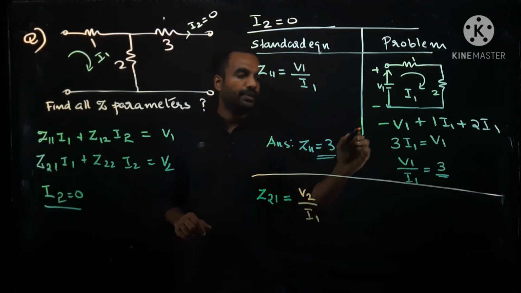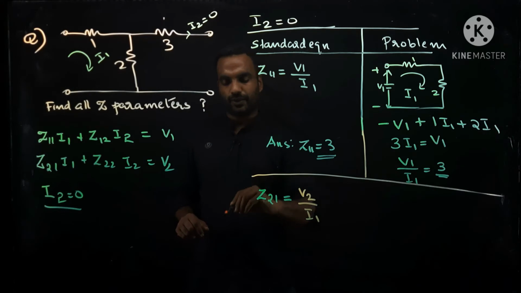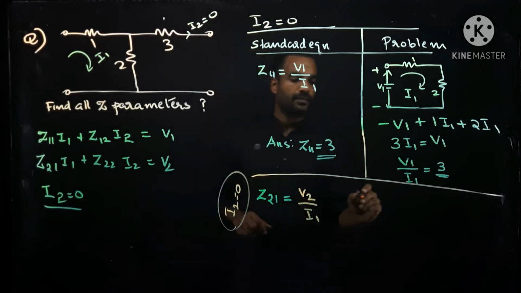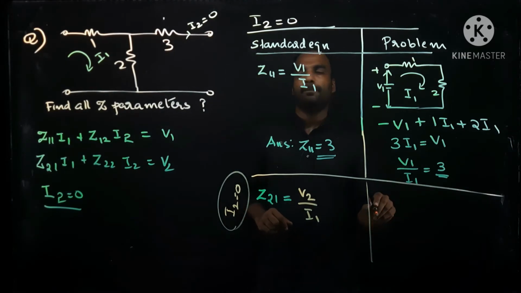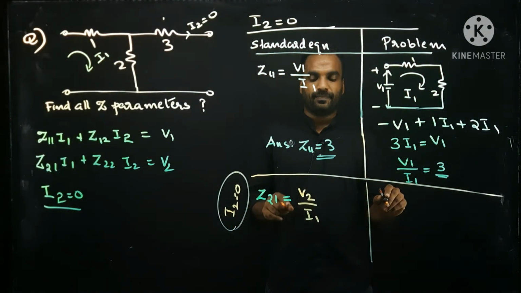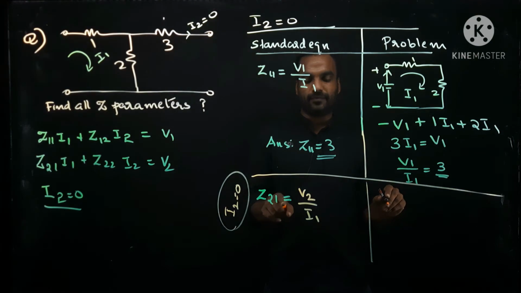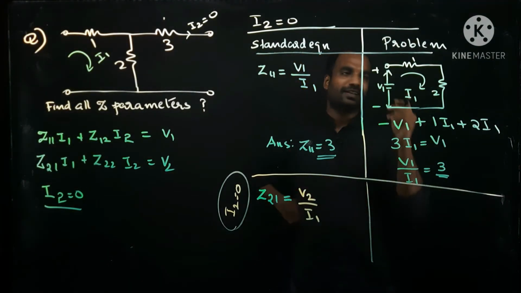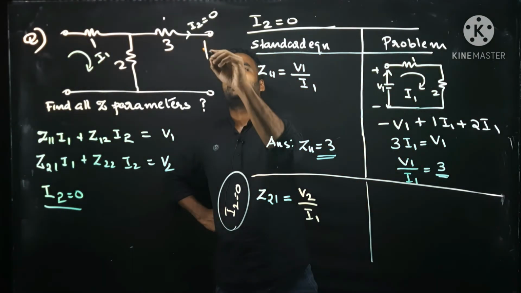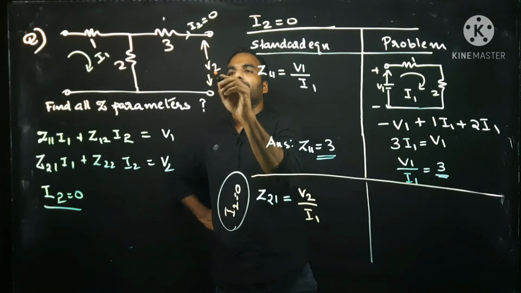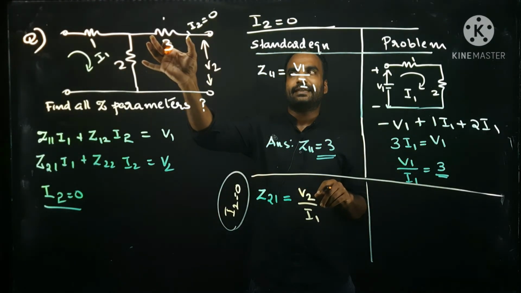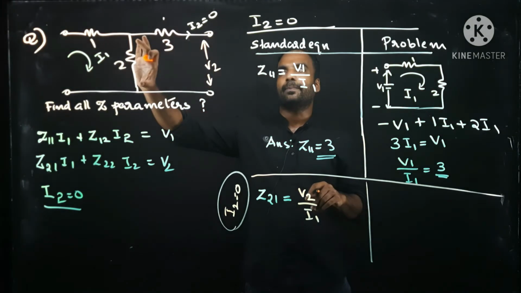This is also the same condition, I2 equal to 0. And in the problem, I want to relate V2 and I1. How can I relate V2 and I1? Actually, where is V2? This is the V2. And we know that no current is passing through this resistor. So the same V2 will appear across this.